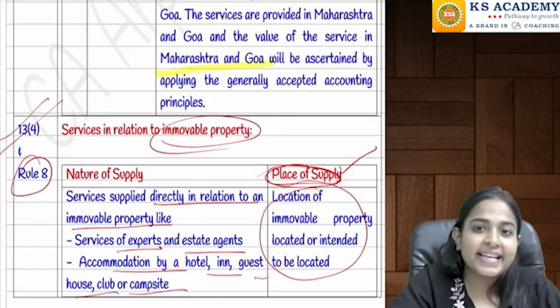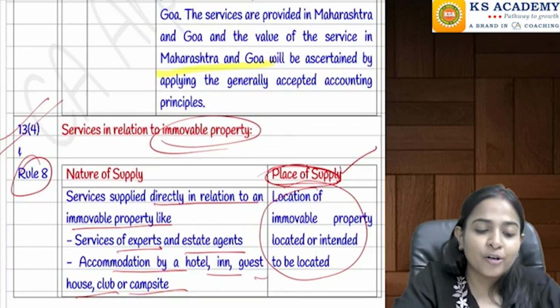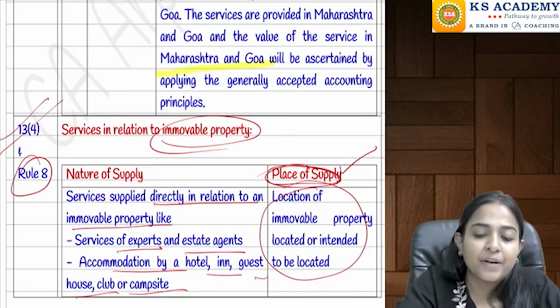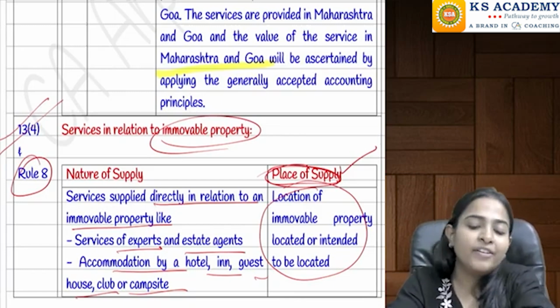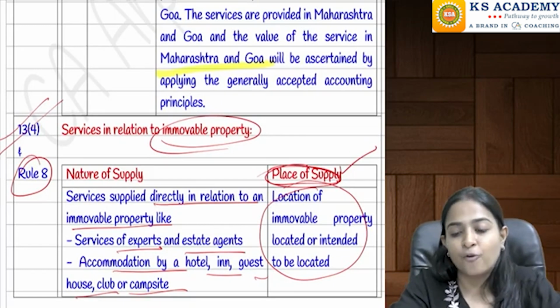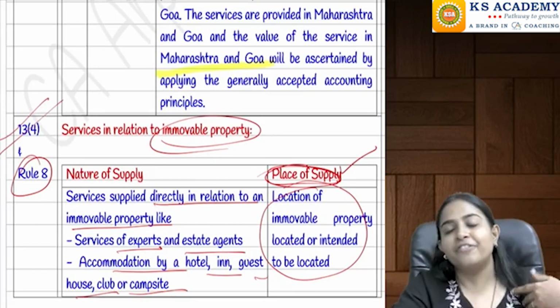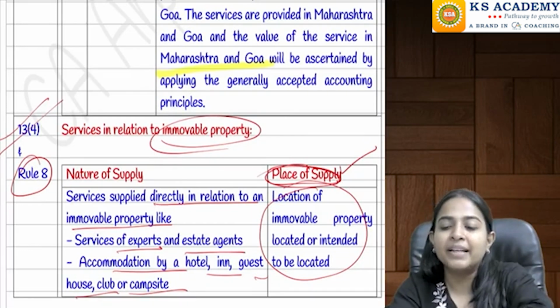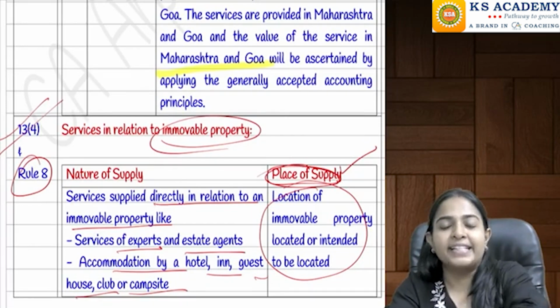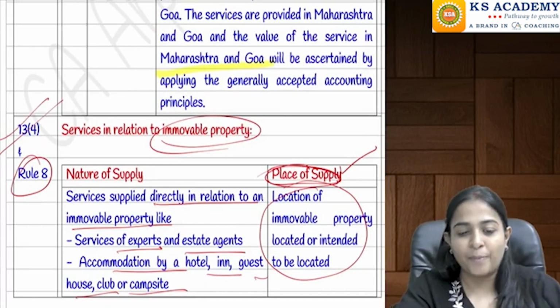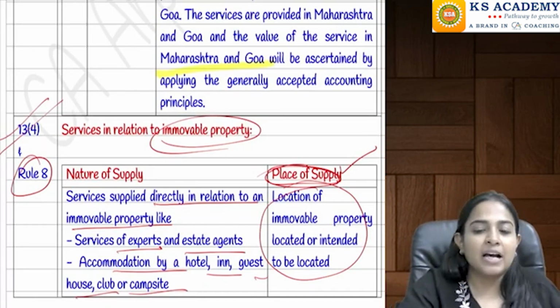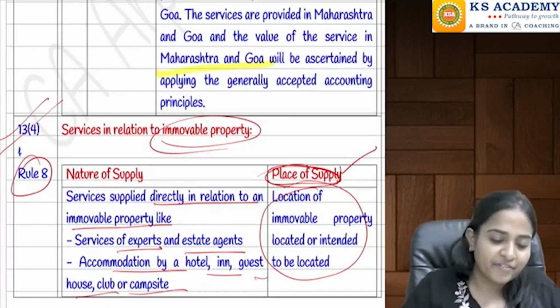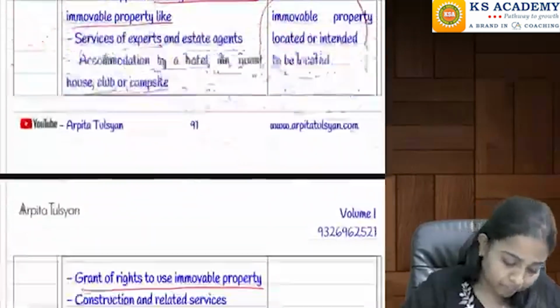Rule number 8 says that please do the bifurcation as per rule number 4. How did we do the bifurcation in rule number 4? Do you recollect? On the basis of number of nights stayed, then area of that immovable property and time spent in the houseboat, and same way you have to do the bifurcation here as well.